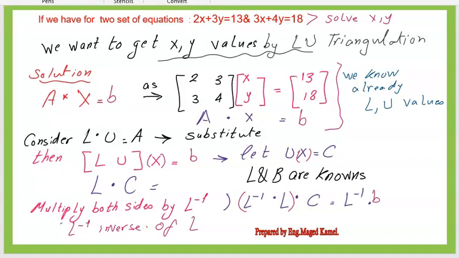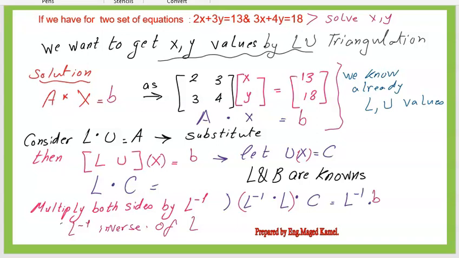Now we would like to use the expression A equal to L by U to solve these two equations. We write A multiplied by X equal to B, and since A is equal to L by U, we can write L multiplied by U multiplied by X equal to B, where B, the column vector, is equal to 13 and 18.